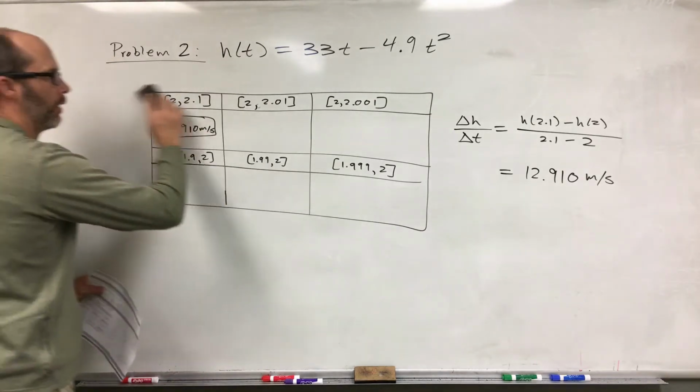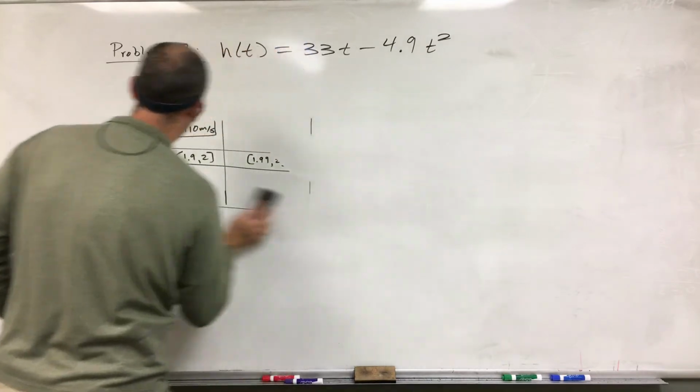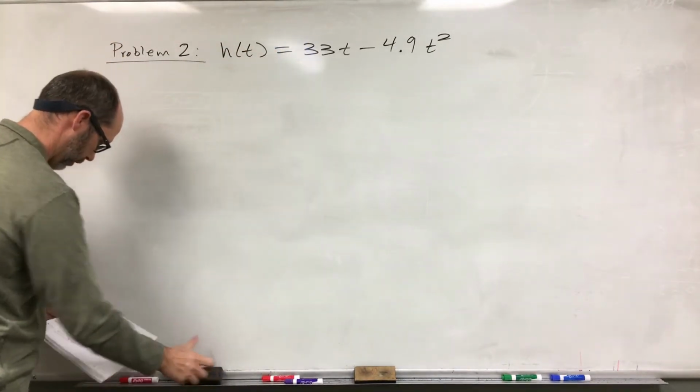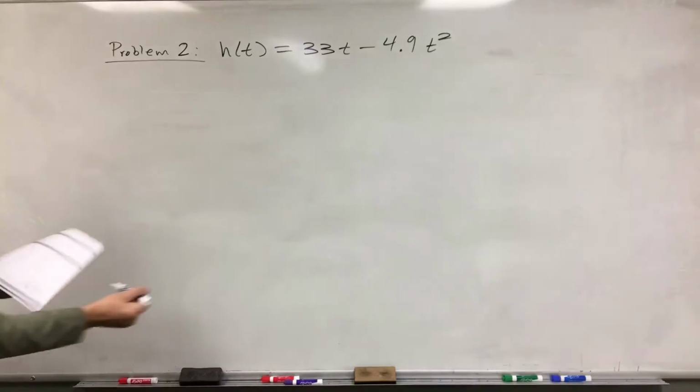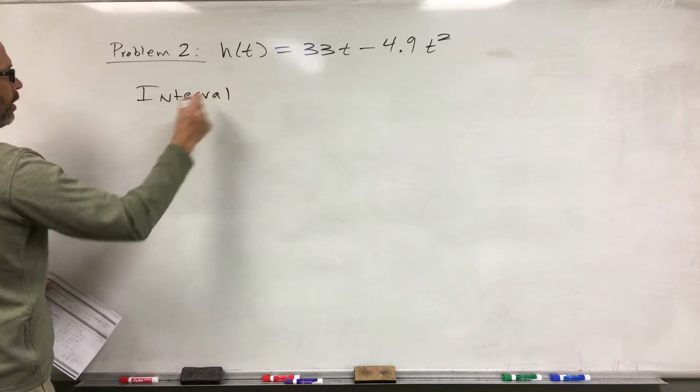I'm going to erase all this, and I'm going to organize this in a table. I think the table will make it a little more clear what we're trying to do. Interval.